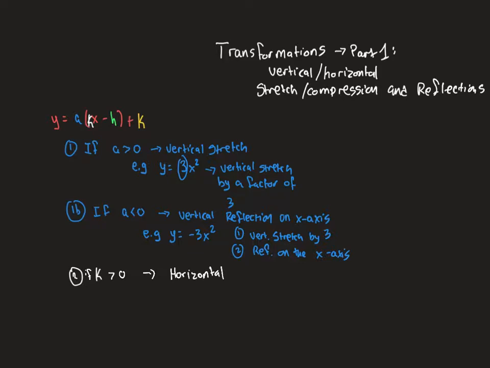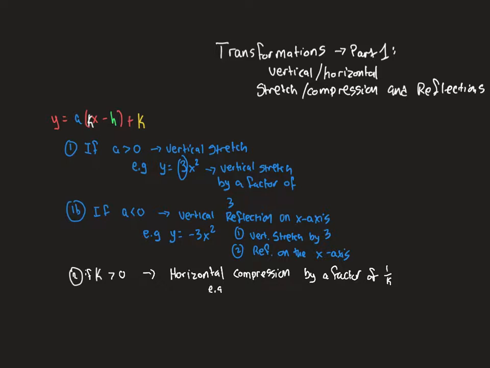Now, if k is greater than 0, that makes it a whole number. So in this case, this would mean I'd have a horizontal compression by a factor of 1 over k.